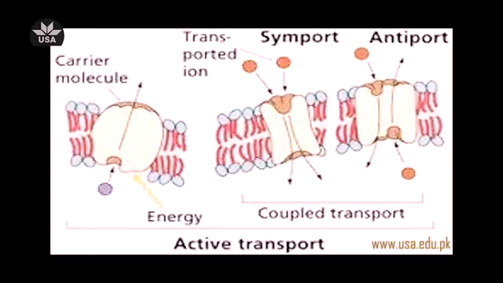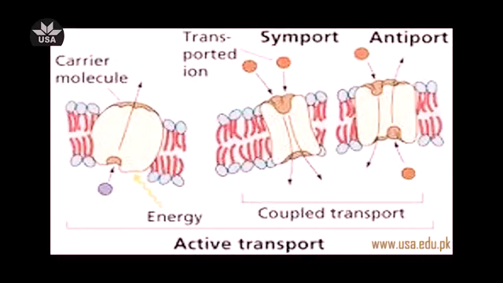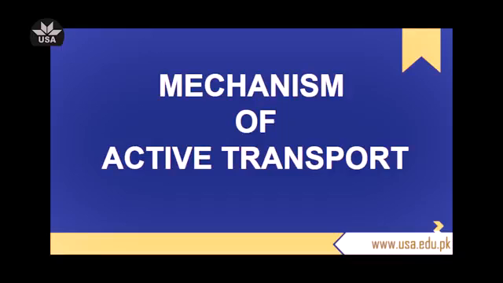A carrier protein that transports two different substances in the same direction is called symport, so the substances move parallel in the same direction, and it is also called the symport pump. A carrier protein that transports two different substances in opposite directions is called antiport, and this system is called the antiport pump.